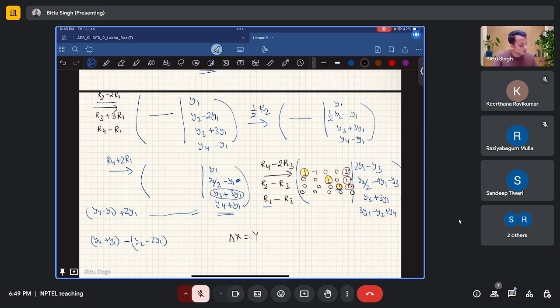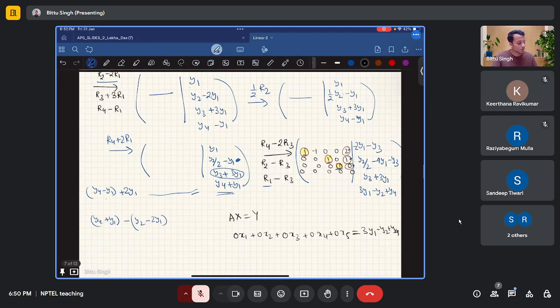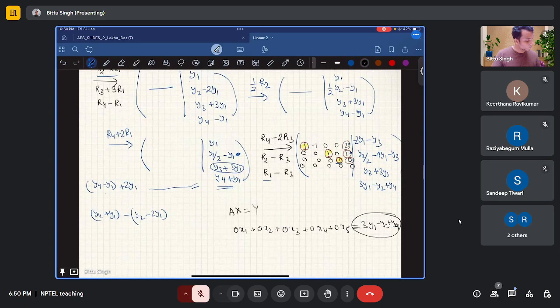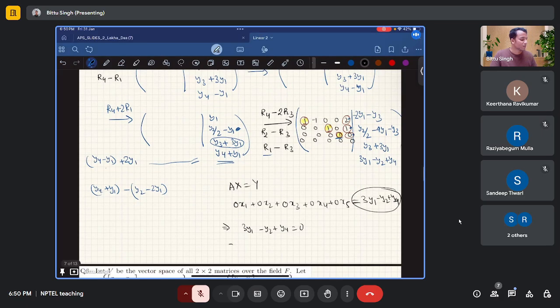So it is not possible, because 0 times x1 plus 0 times x2 plus 0 times x3, 0 times x4 plus 0 times x5 cannot be the same as 3y1 minus y2 plus y4. Therefore the combination 3y1 minus y2 plus y4 equals 0, which is the same as y2 equals 3y1 plus y4.